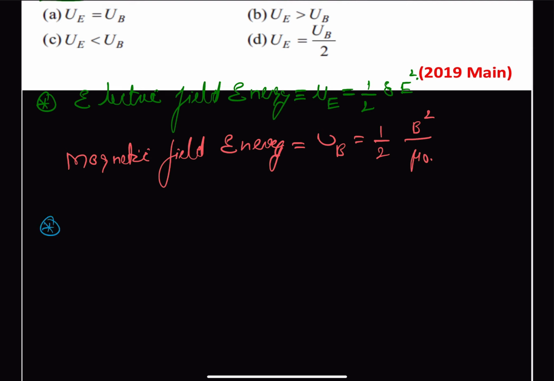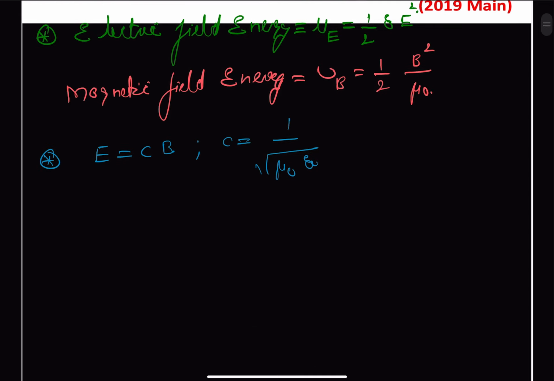We know that electric field is equal to C multiplied by magnetic field, where C is the speed of light, and this C is given as 1 upon mu naught times epsilon naught. So from here we can write B is equal to E upon C.